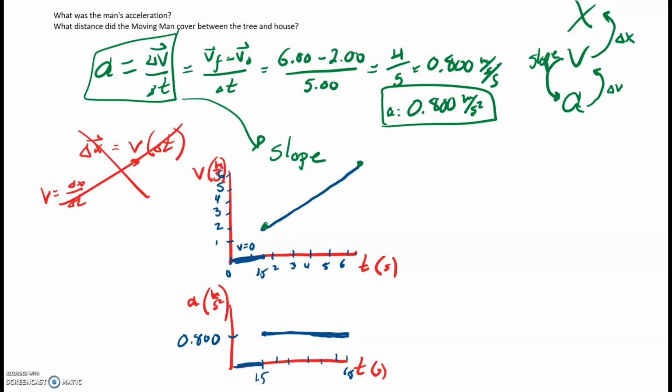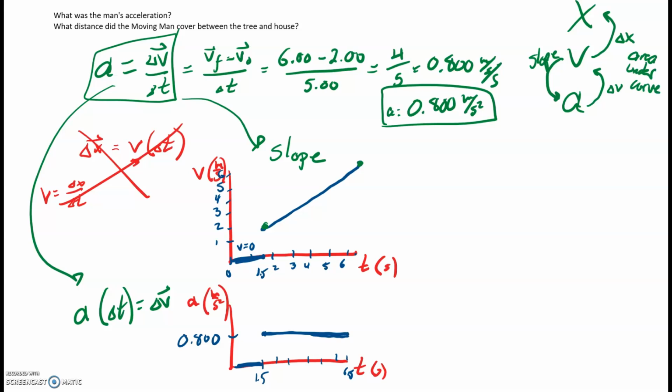So how are we going to use this? Well, from this green equation, I can rearrange this to solve for my change in velocity. So the acceleration times time is going to be my change in velocity. And if I'm looking for this area under the curve, which we found in our velocity time homework earlier, it's bounded by the value of the acceleration, it's bounded by my time axis, or the acceleration equals 0 axis, and then my time conditions.